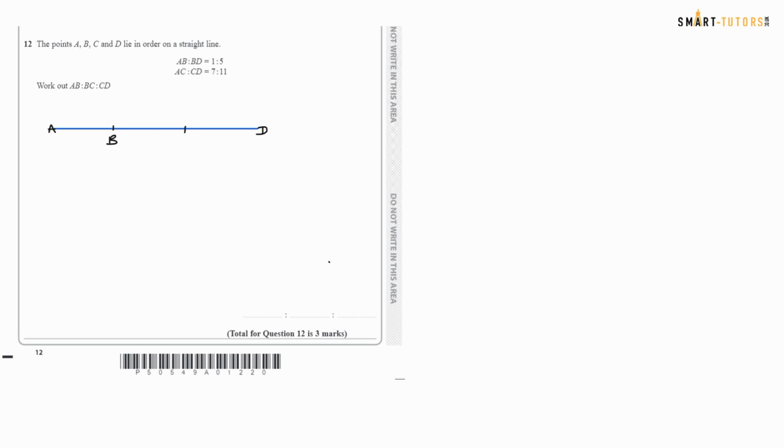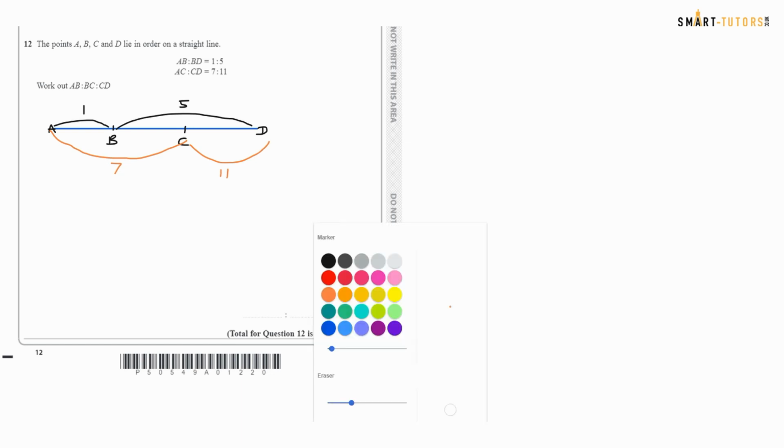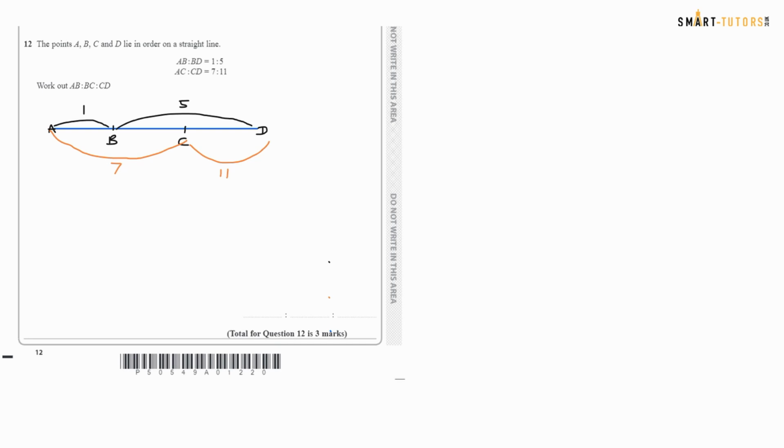So AB is 1 portion and BD is 5 portions. And let's change my color. AC is 7 portions, CD is 11 portions. If you add 7 plus 11 it is 18, and 1 plus 5 is 6. So the portions are not the same.